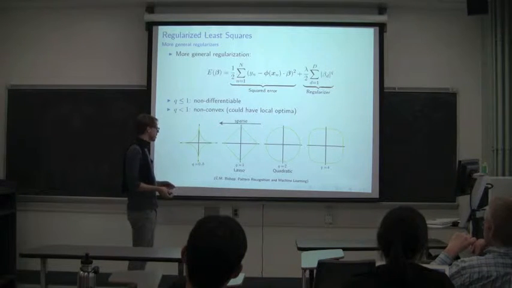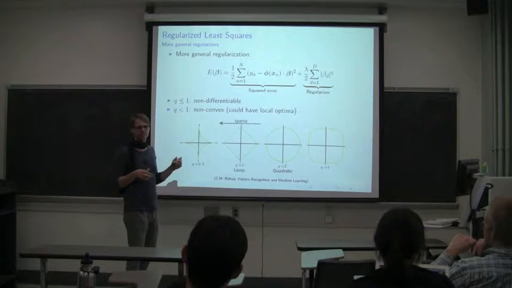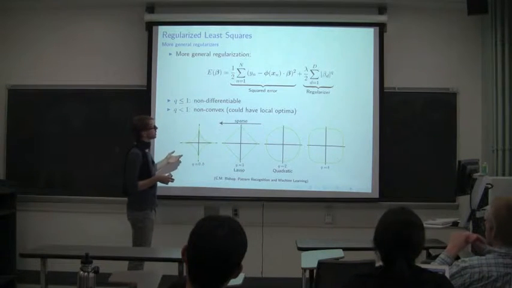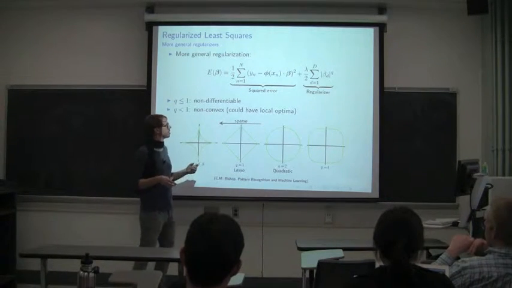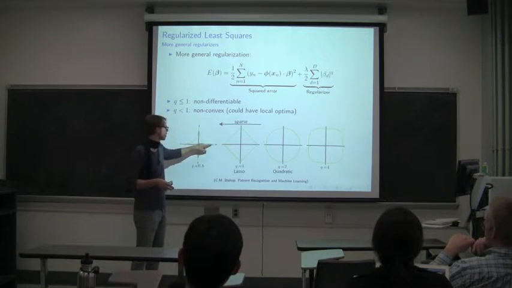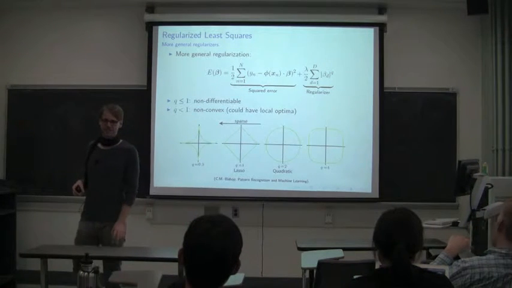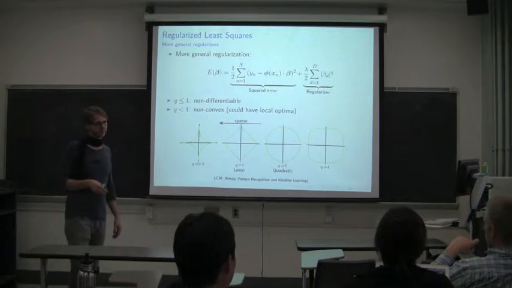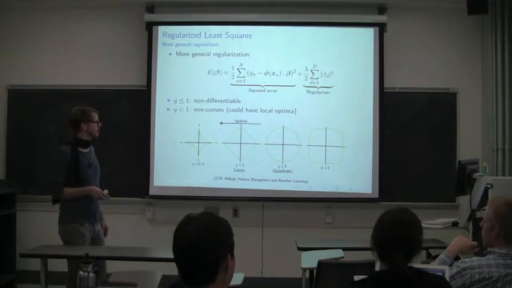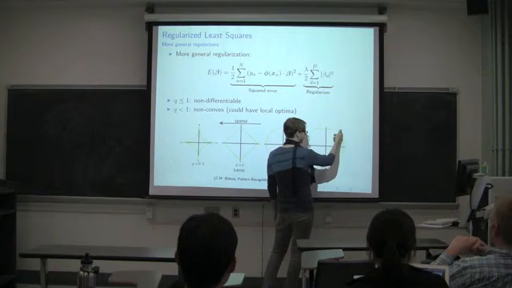There's also the extreme, the so-called 0 norm, which is not really a norm, where you just count the number of non-zeros. And going the other direction, it favors a solution where everything is non-zero.